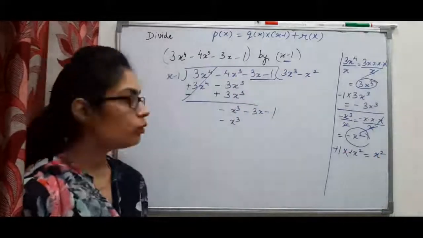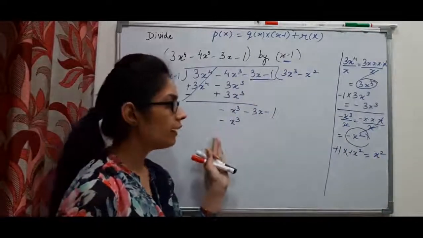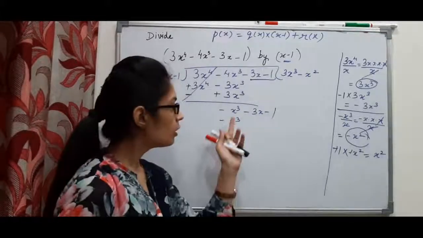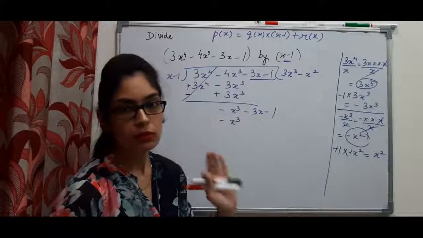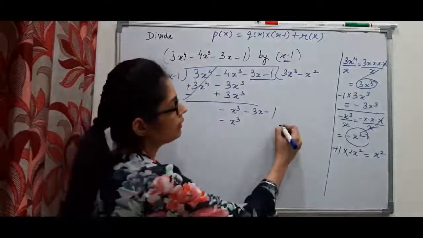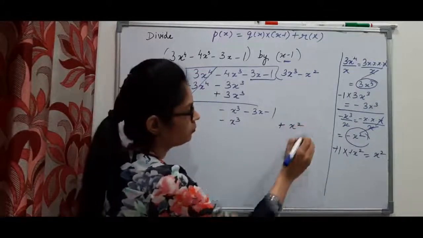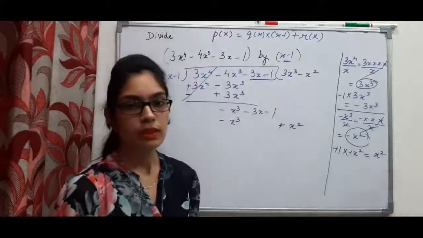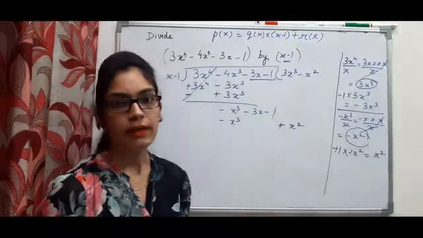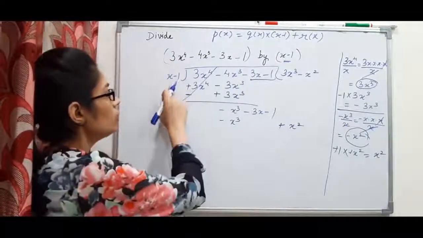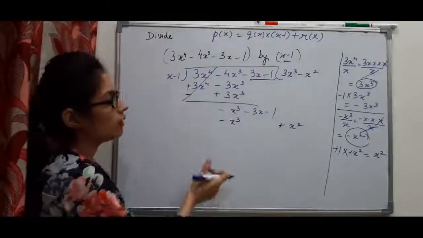Now you have to look for a term which has variable x square. So see, x square is not here. So what we'll do, we'll write at the end plus x square. If the term is not present, you have to write at the end, because we have to write all the terms which we are getting as our answers.